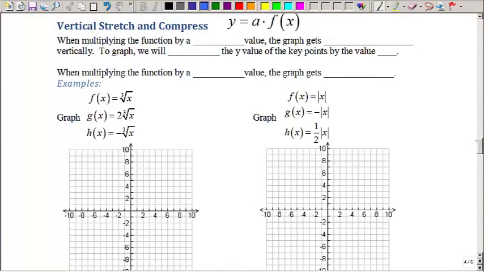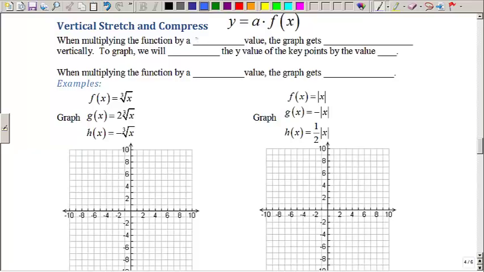Our final transformation is vertical stretch and compress, and we'll also be talking about reflections in this as well. Notice in this case I have y equals a times f of x. So in this case I'm being multiplied. In the vertical and the horizontal shifting I was adding or subtracting to either the x or the f of x. In this case I'm multiplying the function out in front.